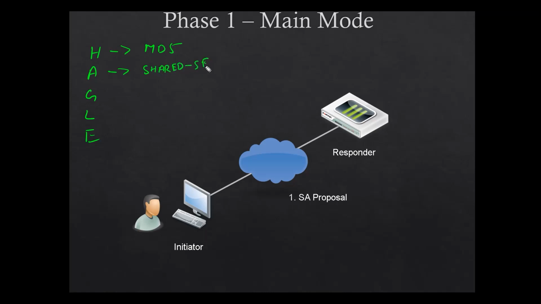Shared secret means that you are using some random word that will be configured over here as well as over here. That is shared secret. Group we just talked about with the help of the DH algorithm. Lifetime is 3600 seconds, which is about 60 minutes. You can of course change this as per your demand. Then we have encryption.